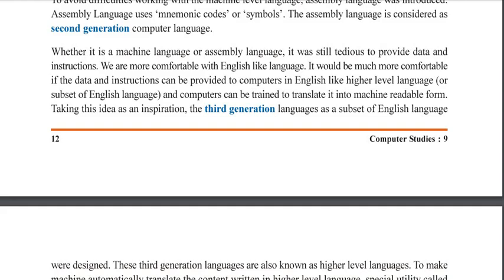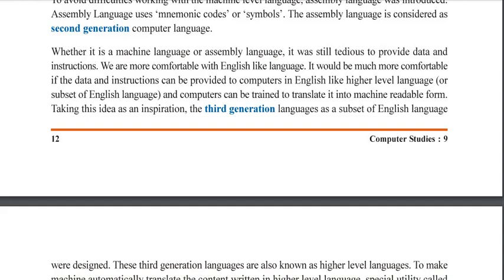So in the third generation, computers use high level language. High level languages are like English, which is more reliable for the users also, and the computers are trained to translate it into machine readable form. So the computer converts the higher level language, meaning English, to machine level language.